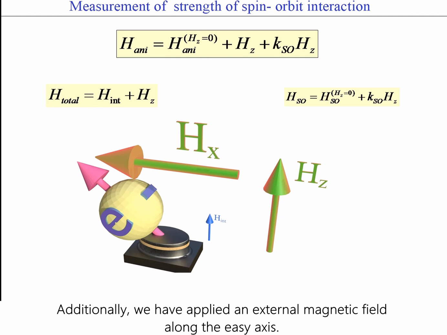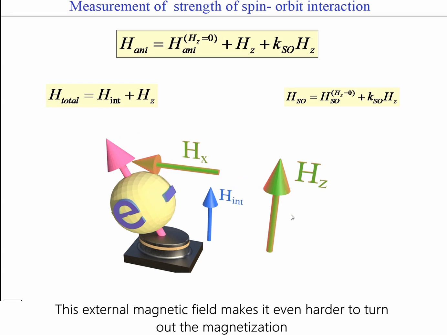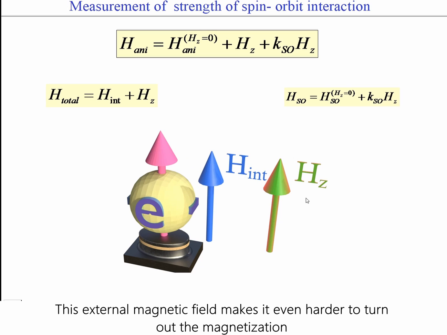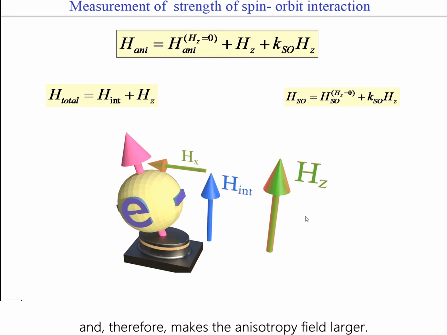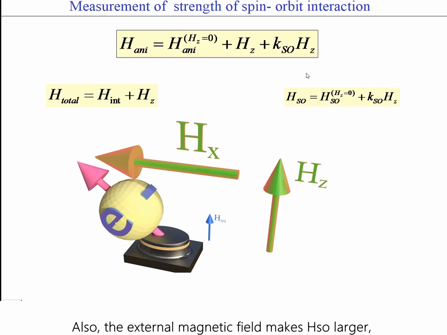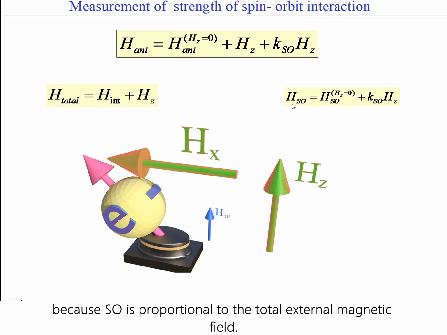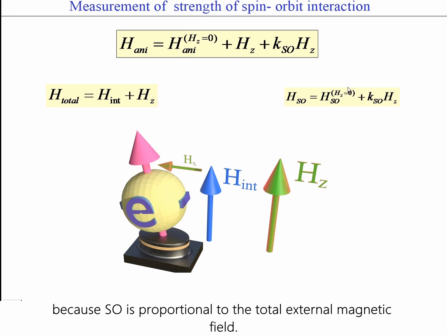Additionally, we apply an external magnetic field along the z-axis. This external magnetic field makes it even harder to turn the magnetization, and therefore makes the anisotropy field larger. Also, external magnetic field makes magnetic field of spin-orbit interaction larger because spin-orbit interaction is proportional to total external magnetic field.